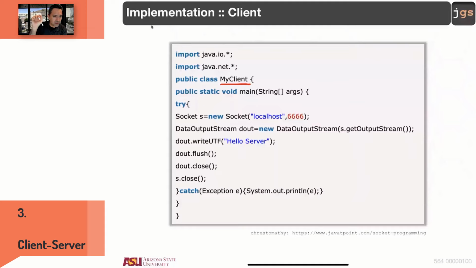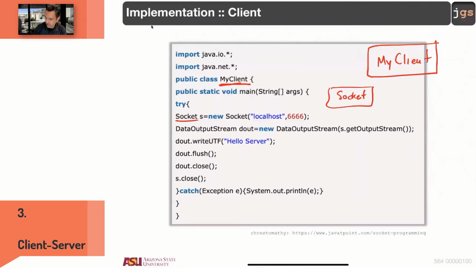if I ask you for the class diagram, what is the class diagram of this source code? Can you figure out the class diagram? One class, right? Socket. Another class.